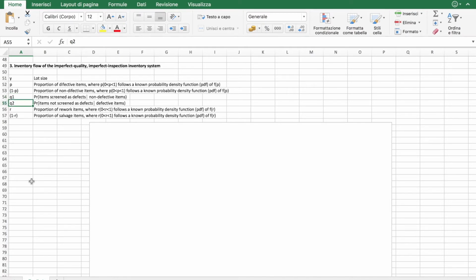Q2 is the proportion of items not screened as defects, however they are defective items. R is the proportion of rework items, where R assumes a value between 0 and 1 and also follows a known probability density function. 1 minus R is the proportion of salvage items.